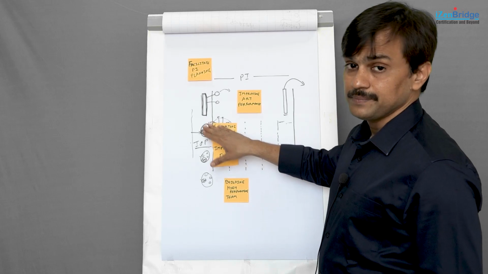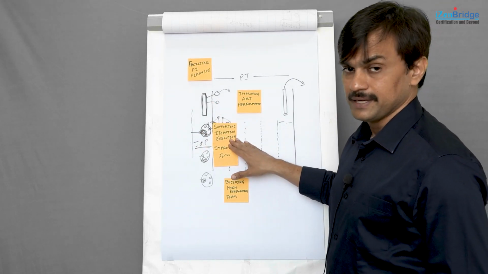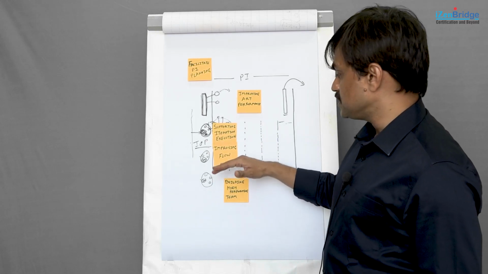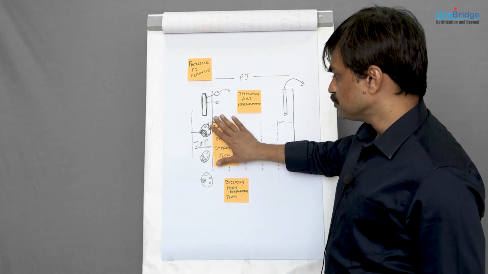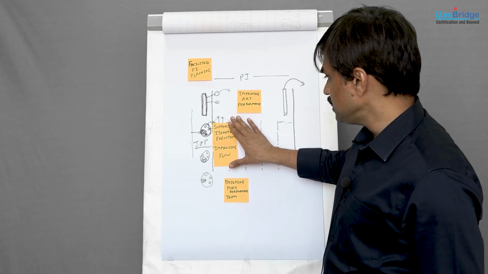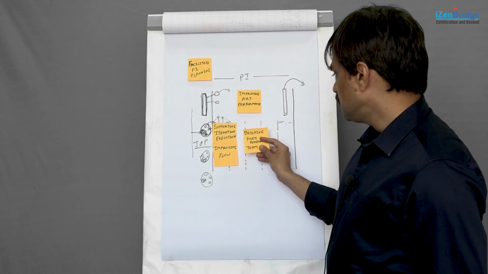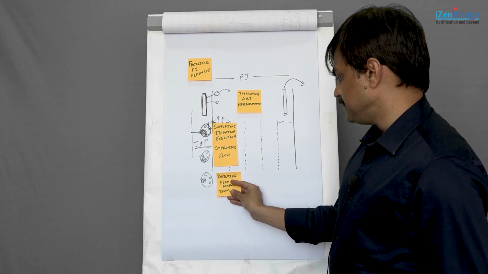So your team might be a SAFe Scrum team or a SAFe Kanban team. You as a team coach are expected to support their execution as well as improve their flow. So this is like working closely with the team. Now let's look at building a high performing team.